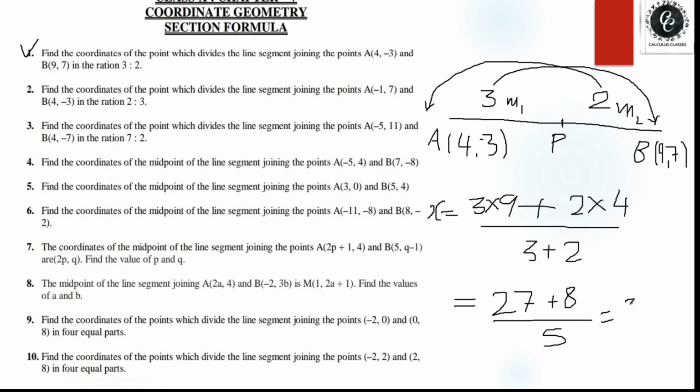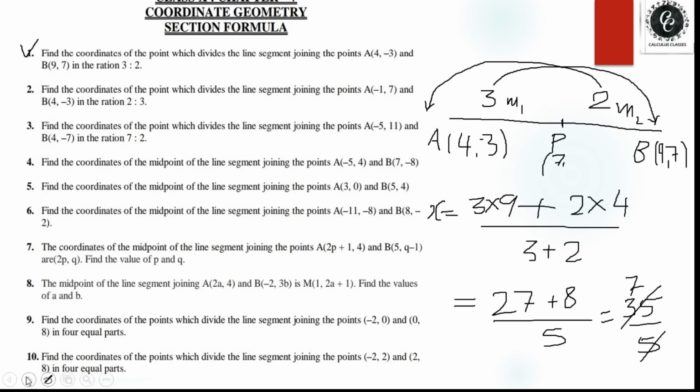So this is 35. Yes, exactly 35. So cancel, what will come? 7. So the x coordinate of the point of division will be 7.